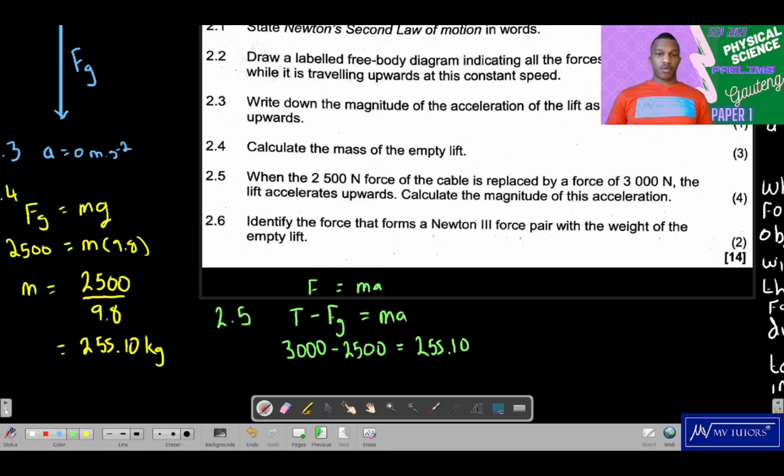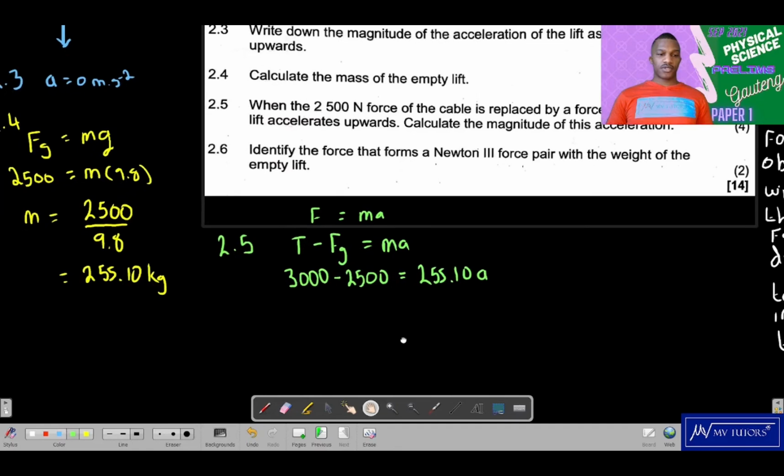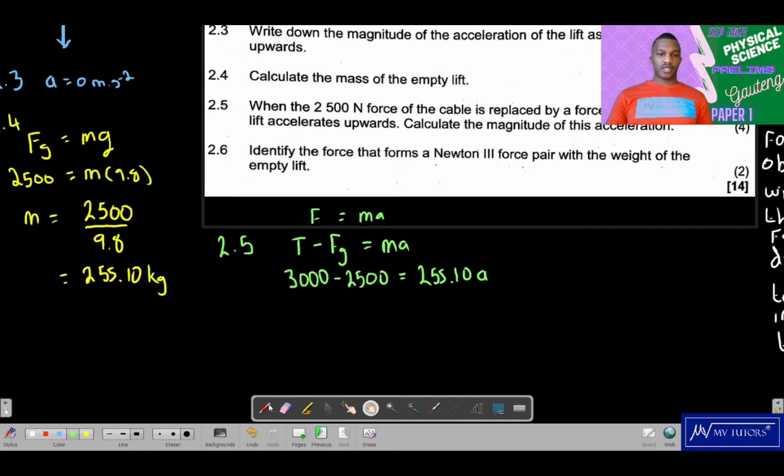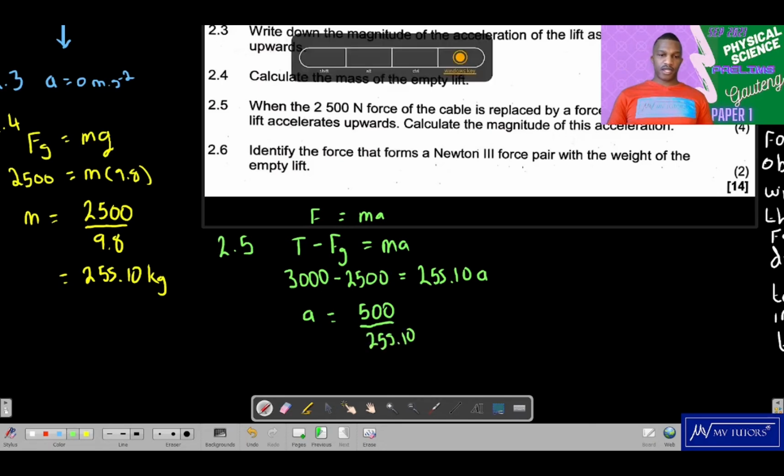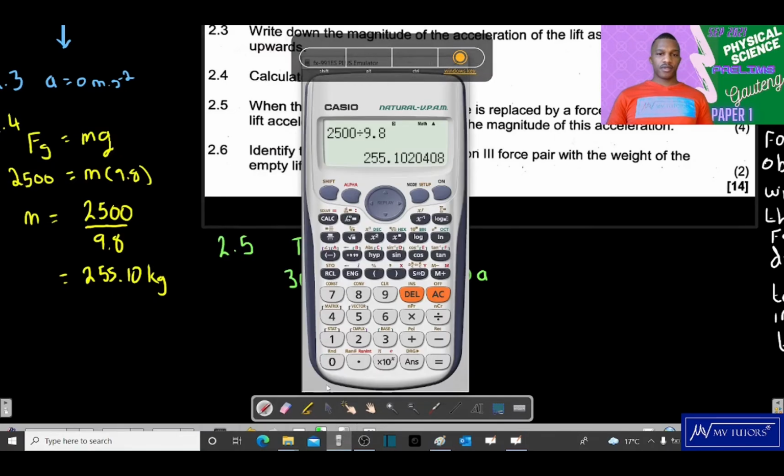What we want to solve for is the acceleration. So I'll make a the subject of the formula. 3000 minus 2500 is simply 500, and then divide by 255.10. Let's get our calculator at this point.